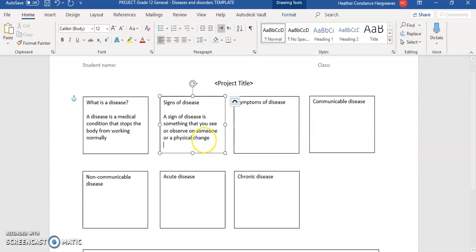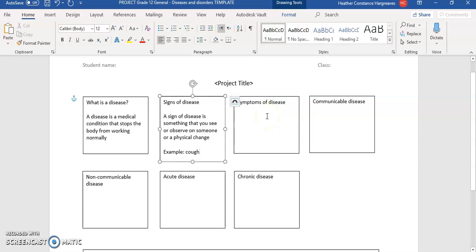Okay, and so maybe I would see somebody coughing. So I'm going to say an example, and I can make this square a bit bigger here as well. I'm going to say an example could be a cough. Okay, so that's explaining what is a sign. A sign of disease is something that you can see or observe on someone, or a physical change.